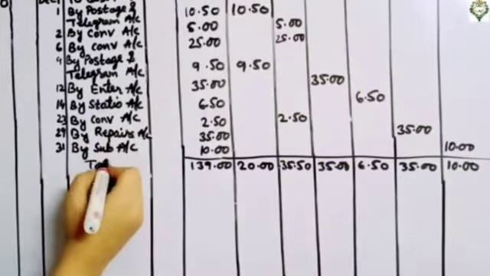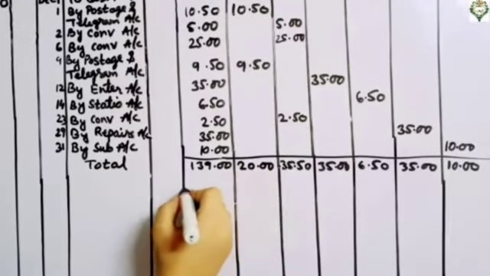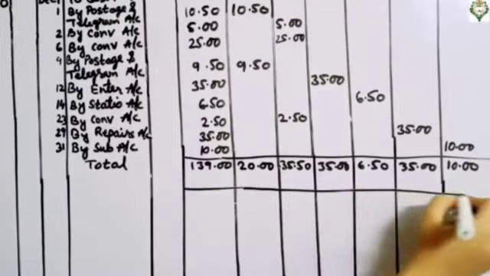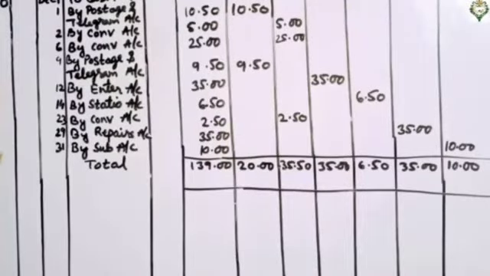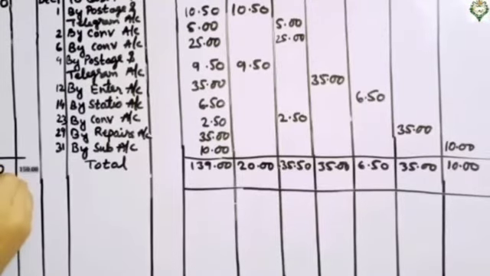So we have to write here total. Now we have to balance this, students, because here we have 150 rupees. At the credit side the amount is rupees 150 we have here.